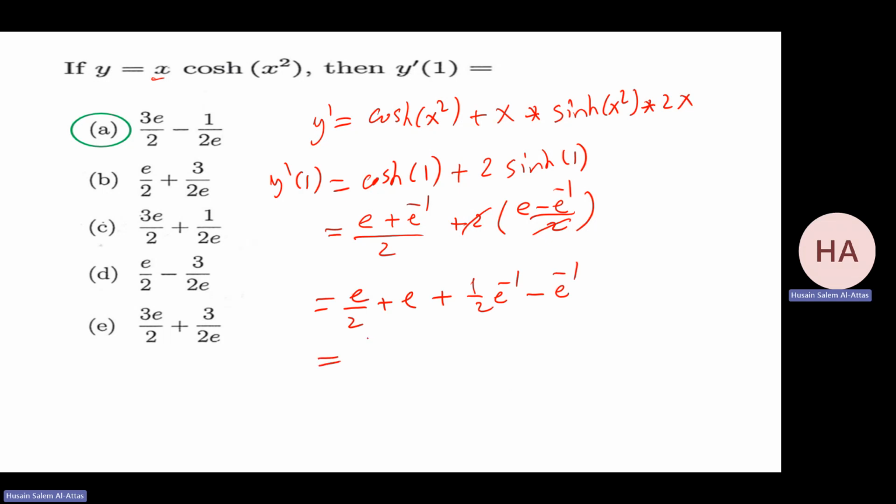So I have 3 over 2 times e minus 1 over 2 e inverse, e to the power minus 1, I mean. So it will be 3e over 2 minus 1 over 2e, which is this.